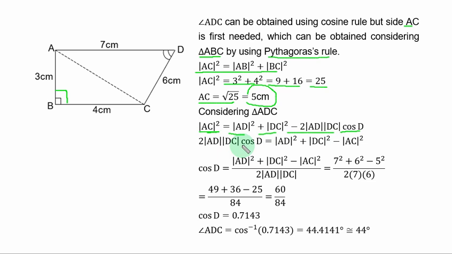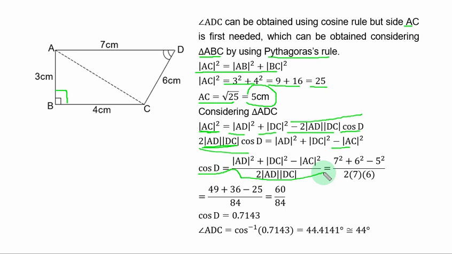So we are interested in the angle now. So let's make this part the subject. If you transfer it to the left, it becomes positive. You transfer this one in, it becomes negative. Divide both sides by this coefficient. You have cos D equal to this. You know, the cosine rule is used in two versions.